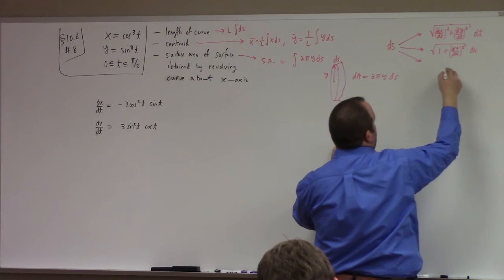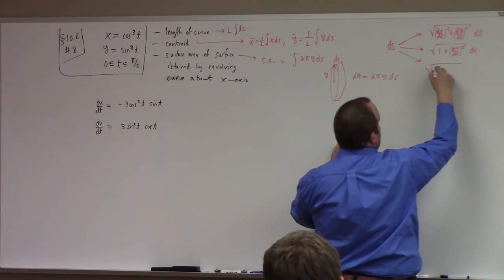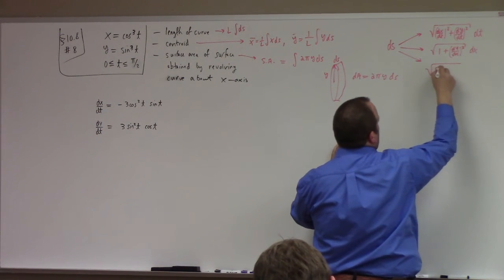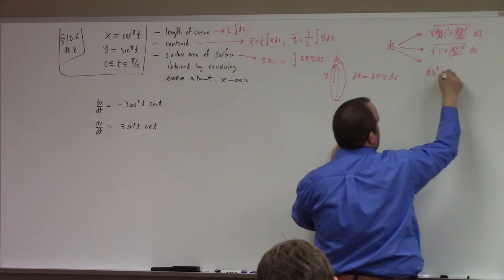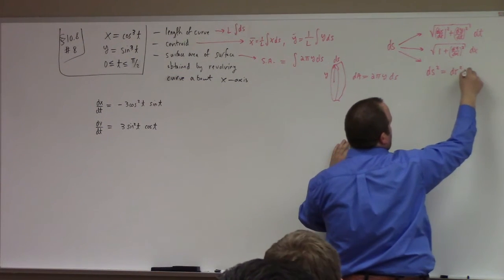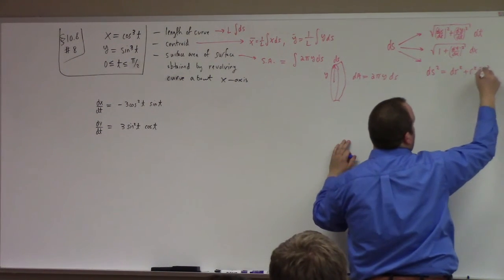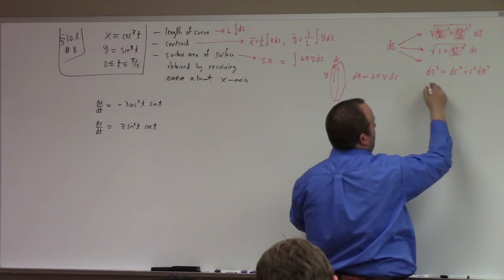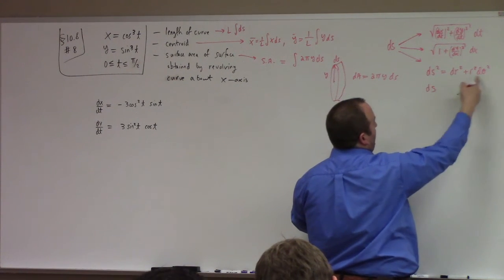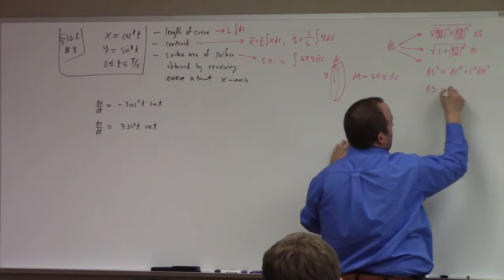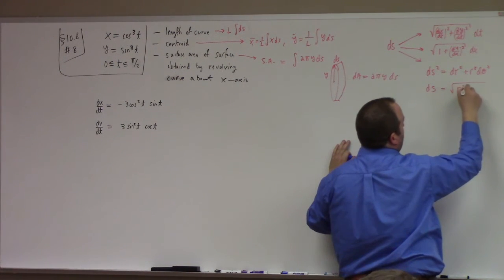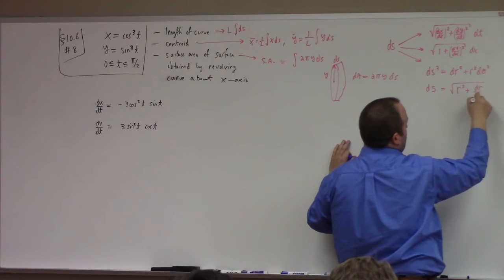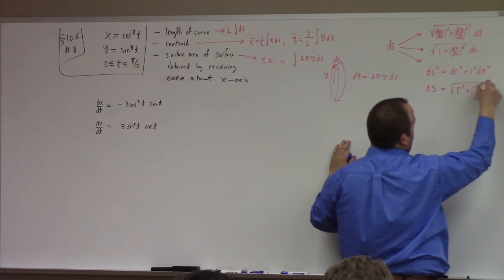And we also found in polar variables, how did it go? I forget all of a sudden. Well, we had ds squared equal to dr squared plus r squared d theta squared. If I factor out the d theta squared, I get ds is the square root of r squared plus dr d theta quantity squared, d theta.